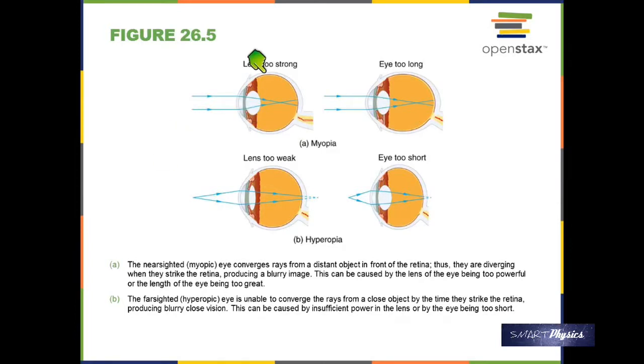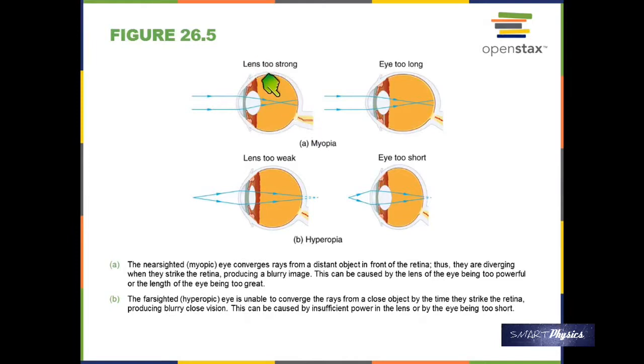Look, if the lens is too strong, wouldn't this happen? What type of lens is this? Concave or convex? It's a convex lens, and if it is too strong, means it's more powerful, then its focus is closer, right? That's what you call myopia.